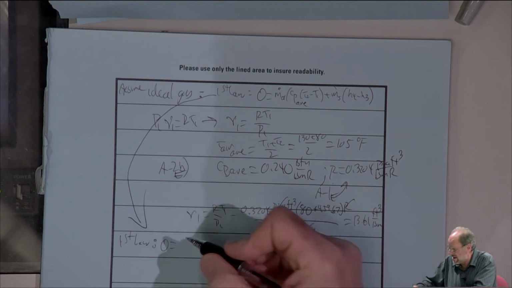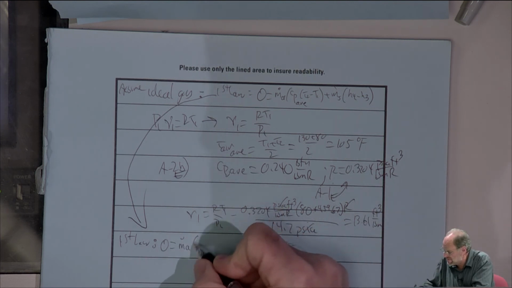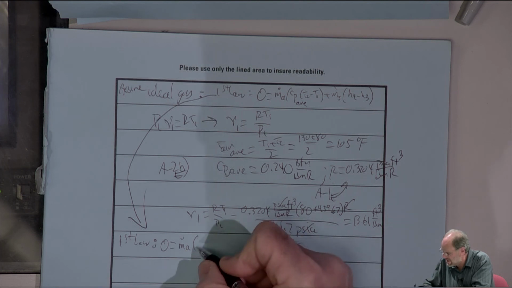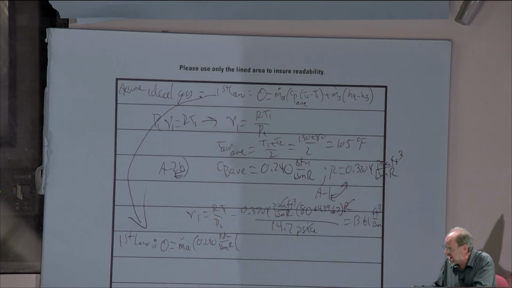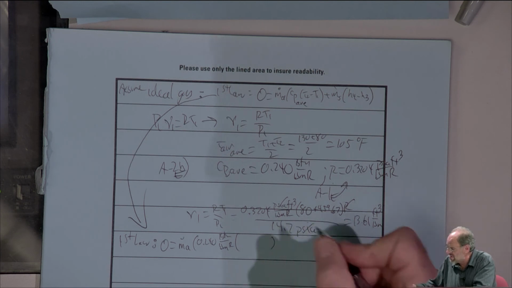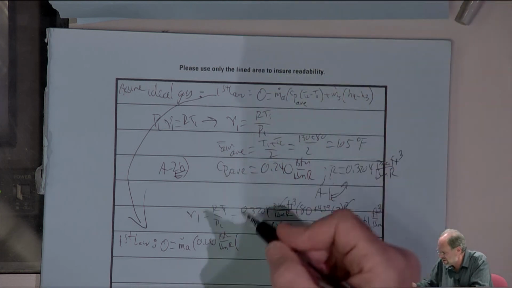We're trying to find the air mass flow rate. That's my unknown. Cp at the average temperature we found, 0.240 BTUs per pound mass per degree. We now have T2 minus T1. So T2 is 130.